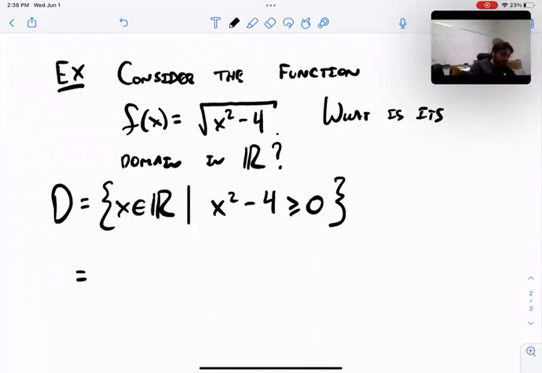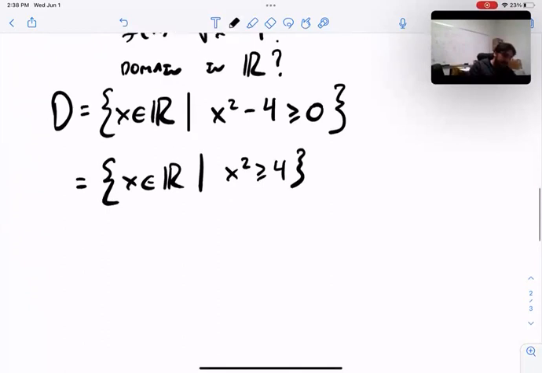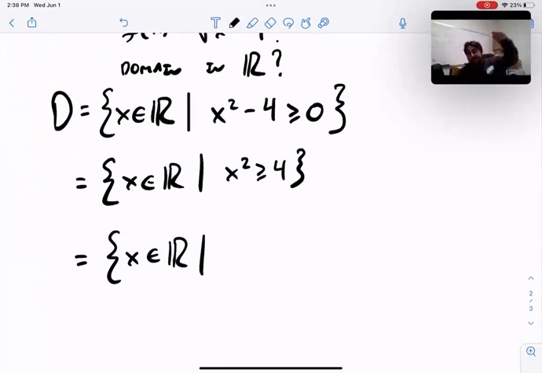Now, I can rewrite this condition a little bit, right? I can say, hey, this means I need x squared to be greater than or equal to 4, right? Well, how can you square a number and get something greater than or equal to 4? Well, anytime you square a number, it becomes positive, right?